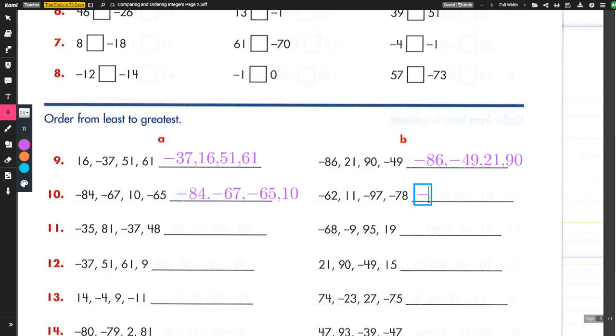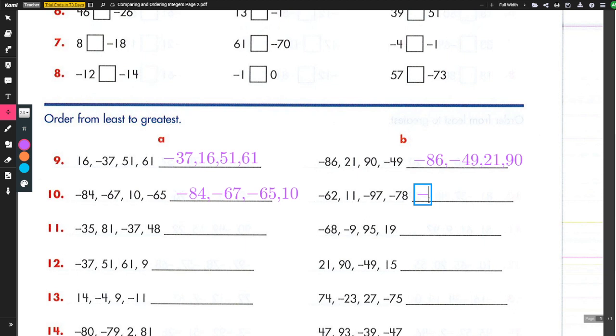Lot of negatives again. We got negative 62, negative 97, and 78. Another way you can think about this, trying to give you multiple ways to think about this. There's the owing the money. There's the temperature. There's mirroring the positives. Another way that's similar to the last one is which one's the biggest negative?